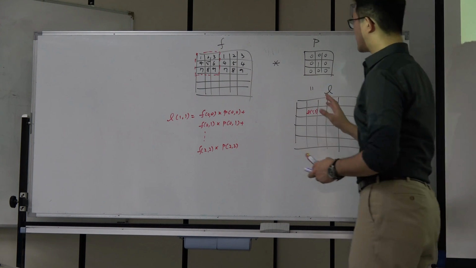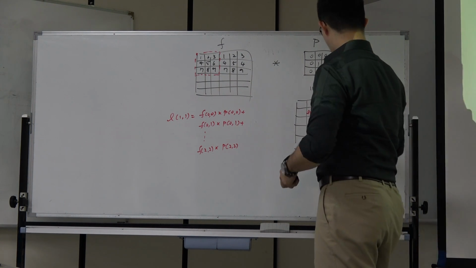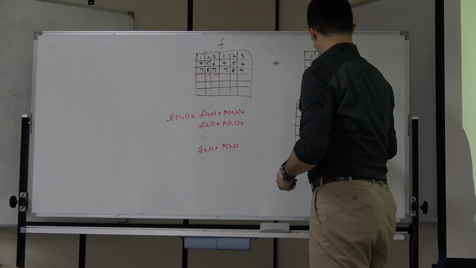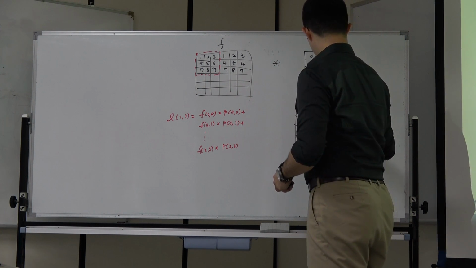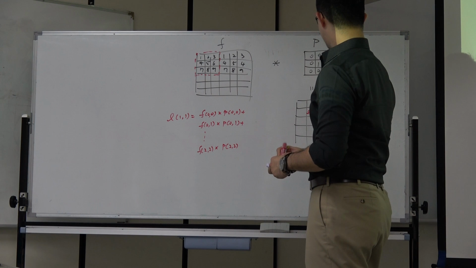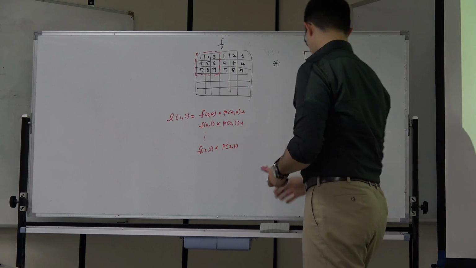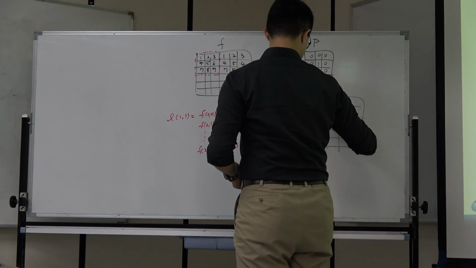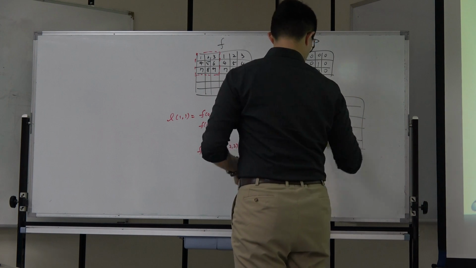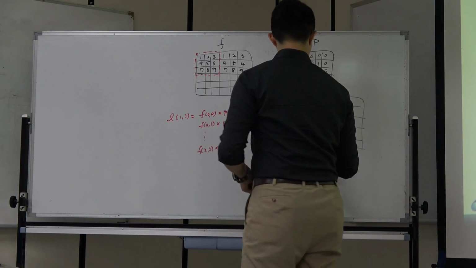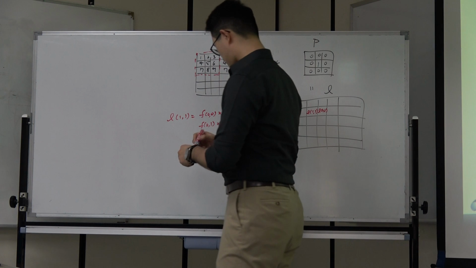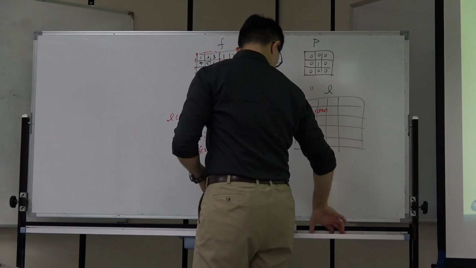One cell. And what's this L? Let's say 1, 2, that's it. And in this case, sorry, 2, 1. L 2, 1. And this one is by taking the convolution on this.